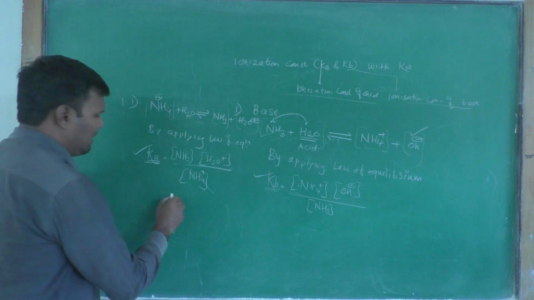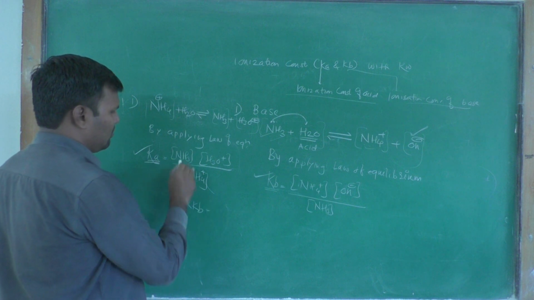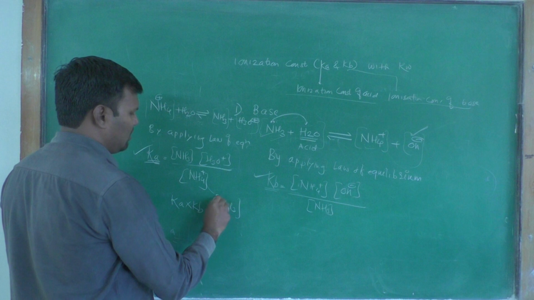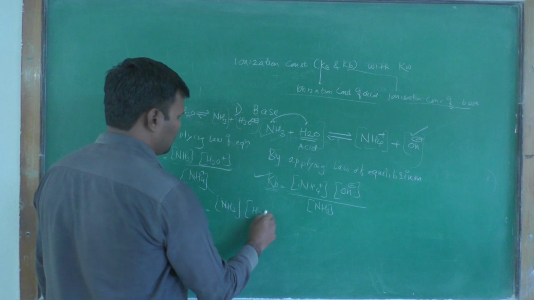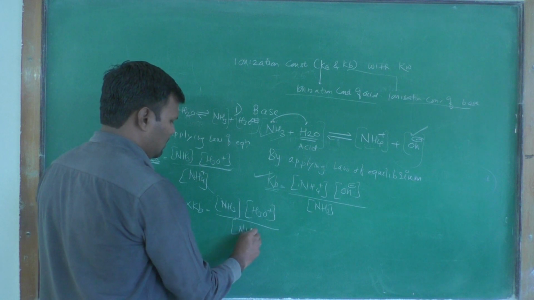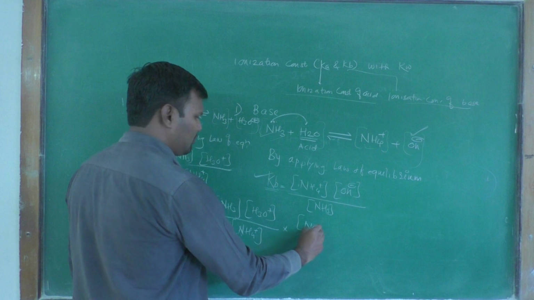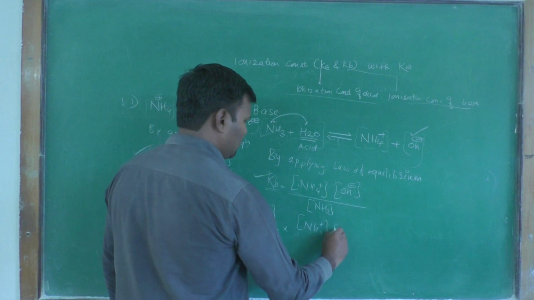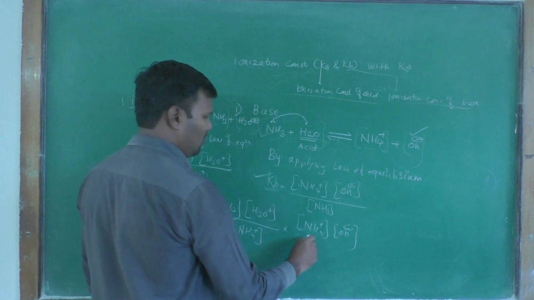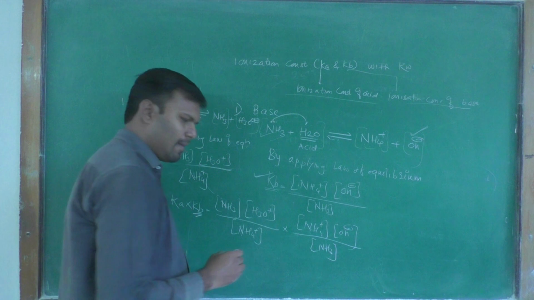Now multiplying Ka into Kb: Ka is the concentration of NH3 into the concentration of H3O plus upon the concentration of NH4 plus, and Kb is the concentration of NH4 plus into the concentration of OH minus upon the concentration of NH3.